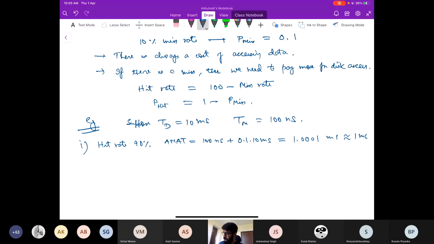So if the hit rate is 90%, the average cost for accessing the memory is approximately 1 millisecond. Now suppose the hit rate was 99.9%.